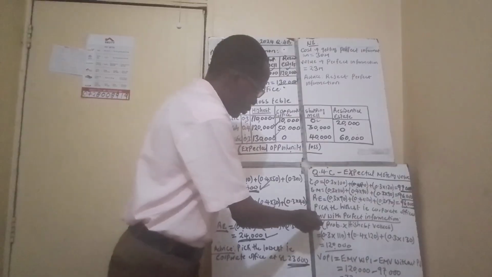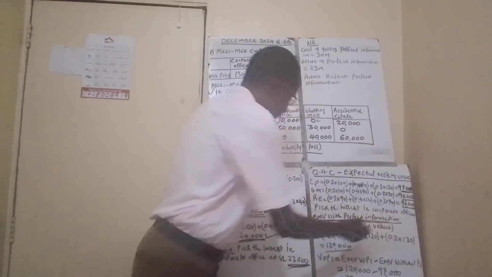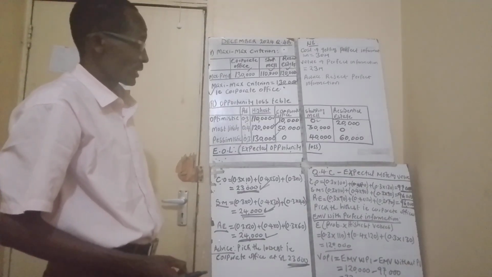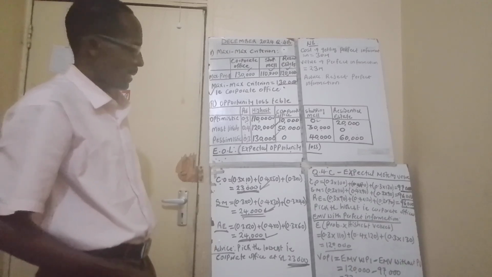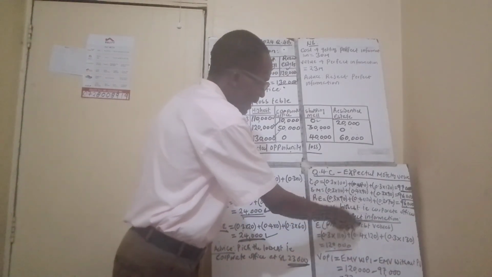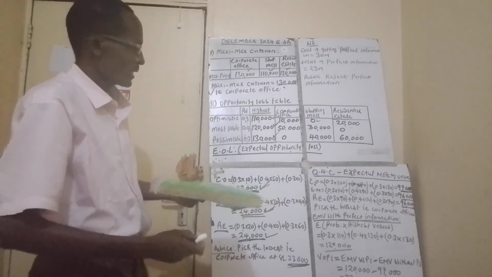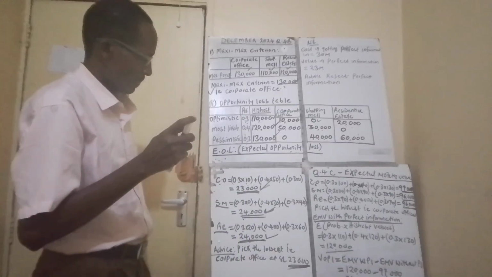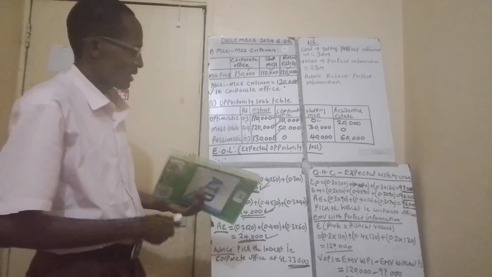Now, I want us to look at expected monetary value with perfect information. What's the first step that we should take? Summation of probability times highest values. You take the probability and multiply by the highest values.